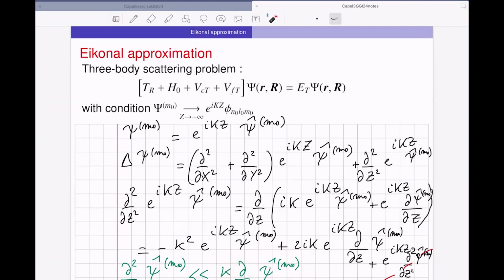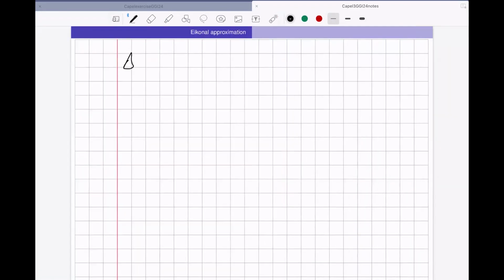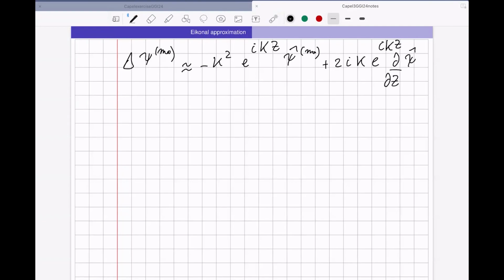And so the idea is that in the end, you will be able to approximate this by minus k squared e to the power i k z psi hat plus twice i k e to the power i k z derivation over z of psi hat.